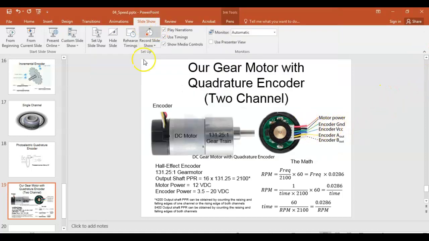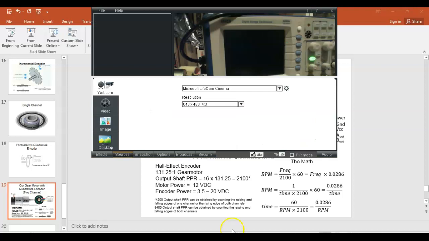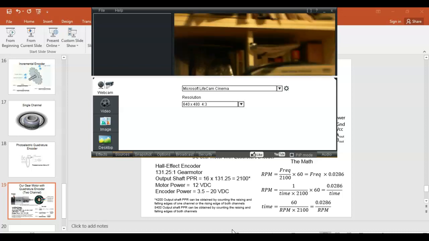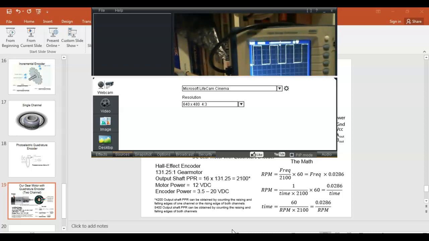Yeah, so common is green. Here's the A output. And of course it's moving around because I don't have my scope reference to it.